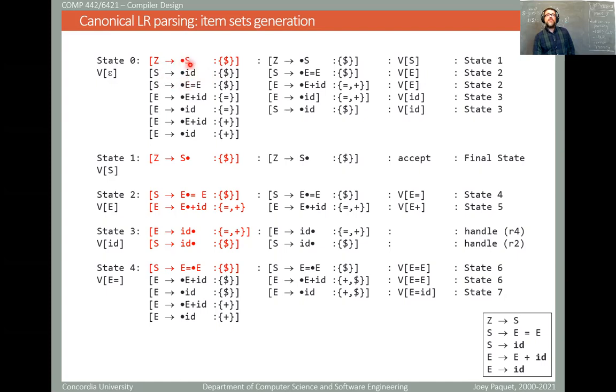Then after I parse this S, if this S is an E equal E, then what I have here should be what I had after the S, because this S here is the same as this one here. So the look ahead set for this item is $. Now, if I take this dot and I move it after the E, then I will get, so this E can be E plus ID.